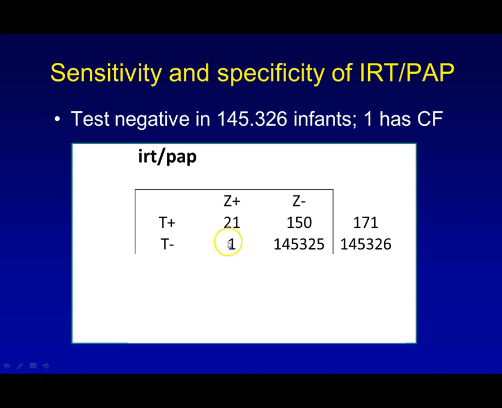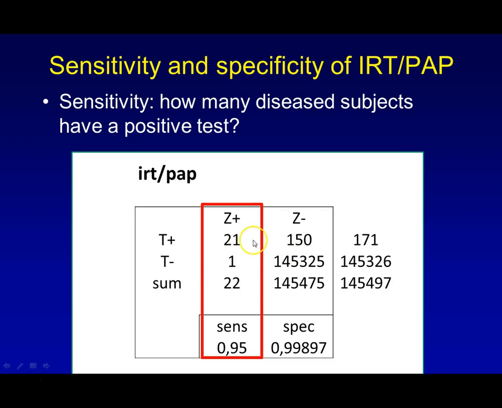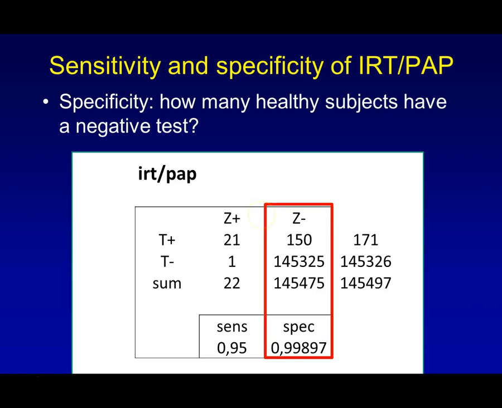One of them appeared to have CF, and many of them did not have the disease. What does it tell us about sensitivity and specificity? The sensitivity is the proportion of subjects that are diseased with a positive test. So we had 22 subjects with CF, 21 of them had a positive test, and this means a sensitivity of 0.95 or 95%.